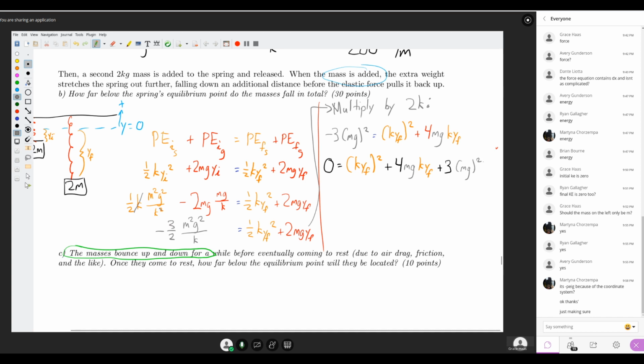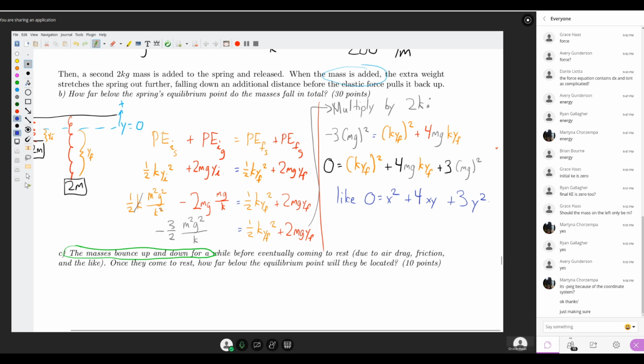So this is kind of a digression. I'm not expecting you to learn any physics from this, but the algebra pattern you are seeing here will be very, very useful to you in the future. Notice that what I've done is I've rearranged this to look like a quadratic equation or a factorable thing where the variables here are k y final and mg, right? So this kind of looks like 0 equals x squared plus 4xy plus 3y squared. Right? You sort of see how that's the pattern of this expression.